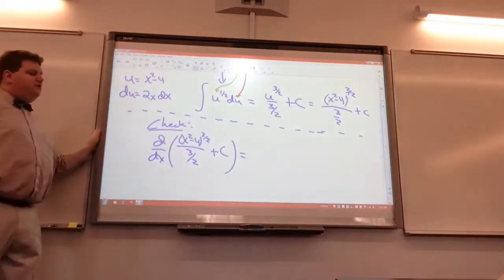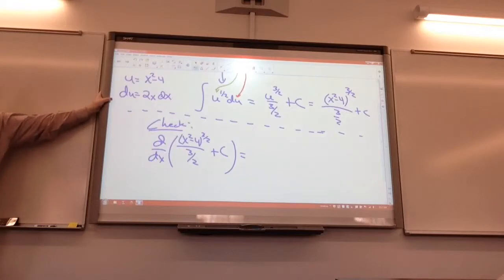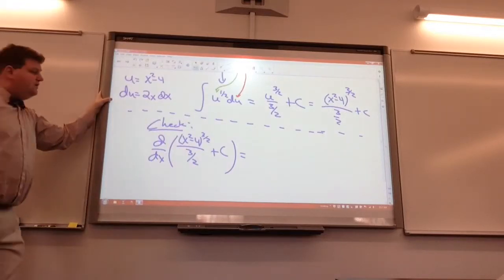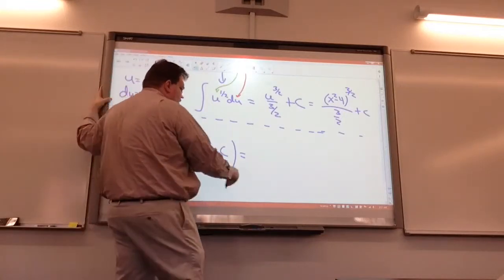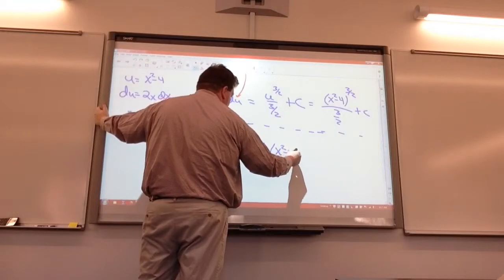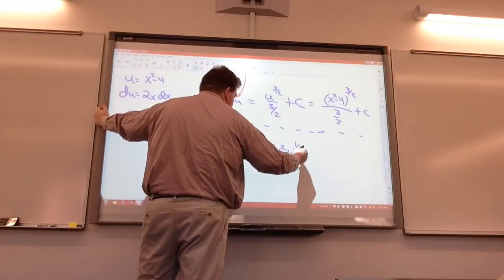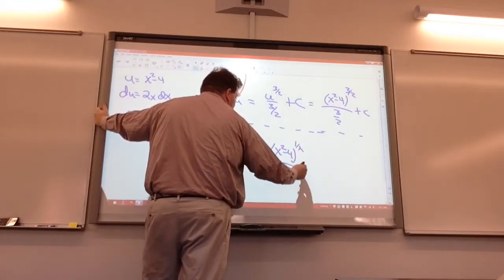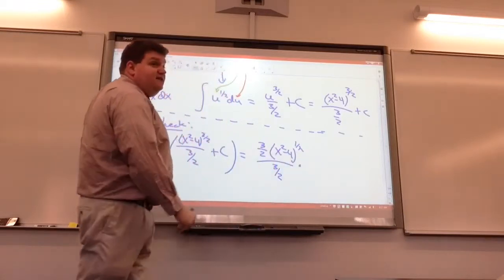What rule do I have to use to handle that? Quotient. Not quotient rule, 3/2 is a constant, we don't care. Chain rule, right? Chain rule says treat the outside as if it's its own derivative, keeping the inside the same, then multiply by the derivative of the inside.